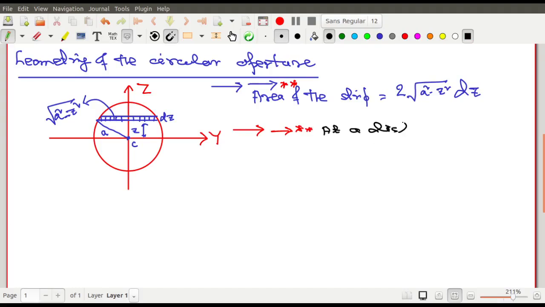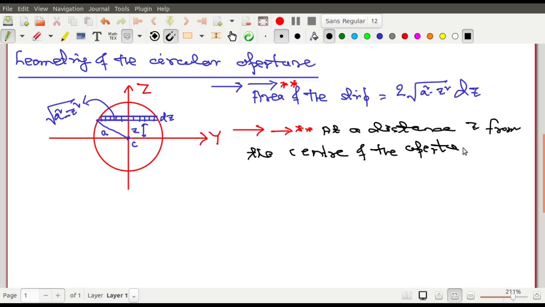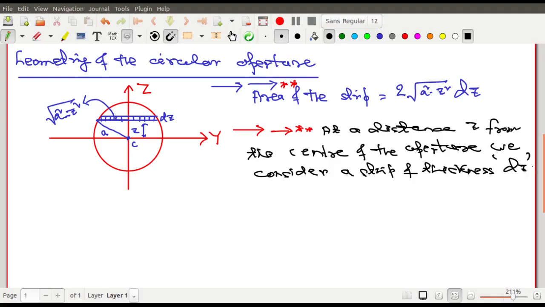At a distance z from the center of the aperture, we consider a strip of thickness dz. একটা strip নিয়েছি, ঠিক আছে তো?